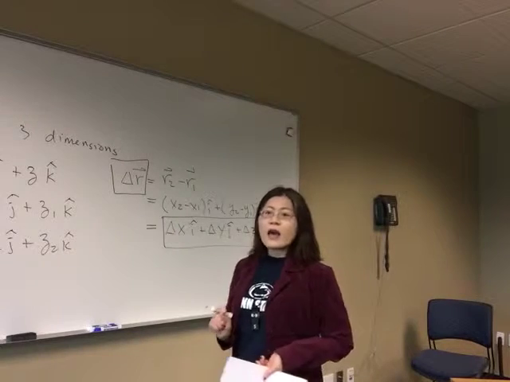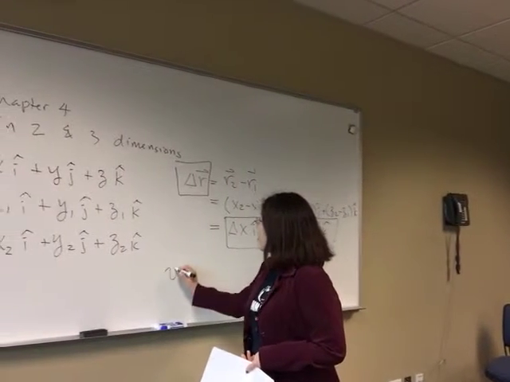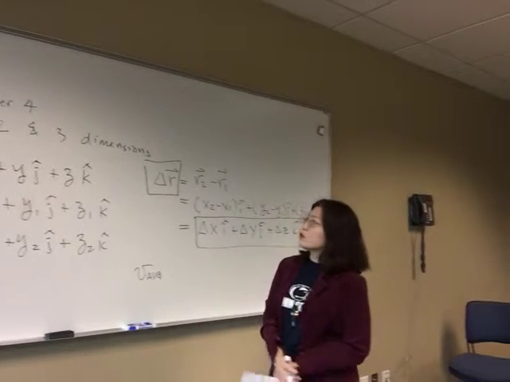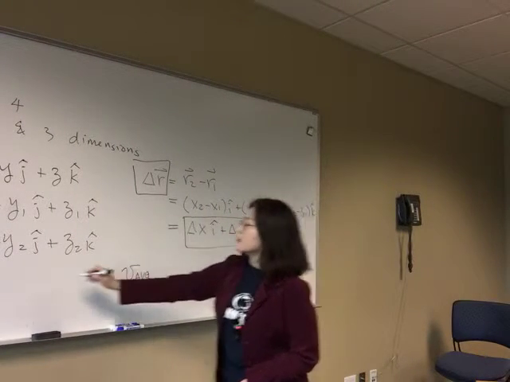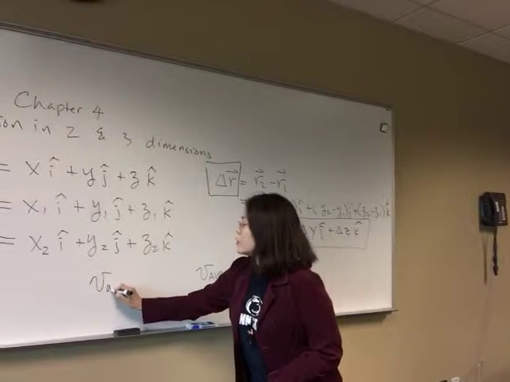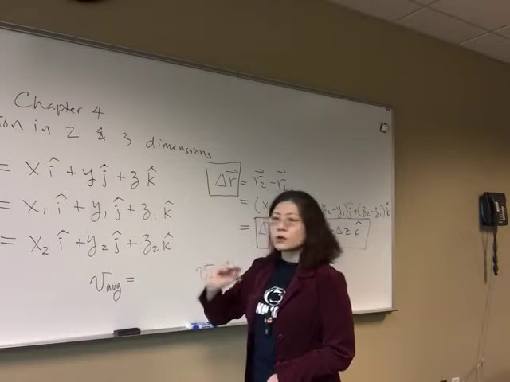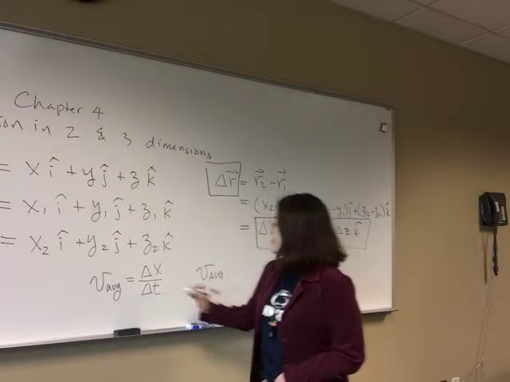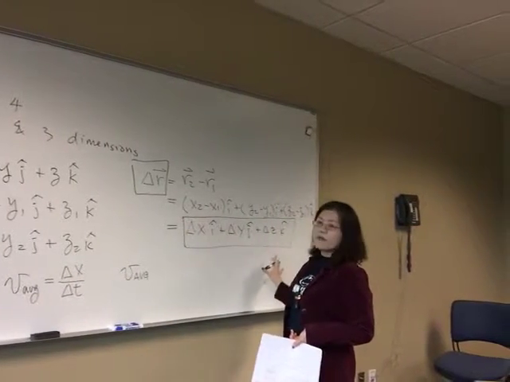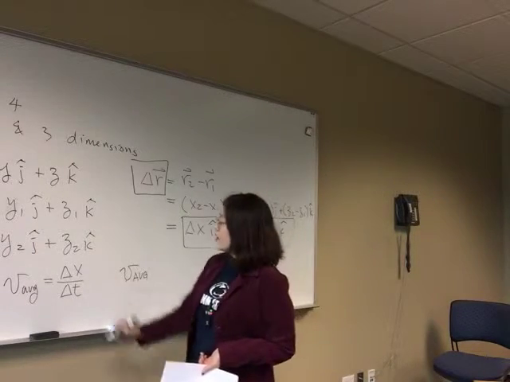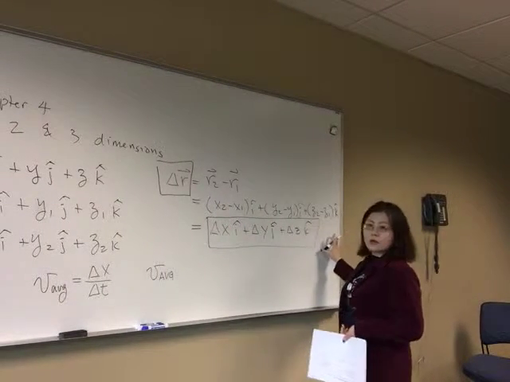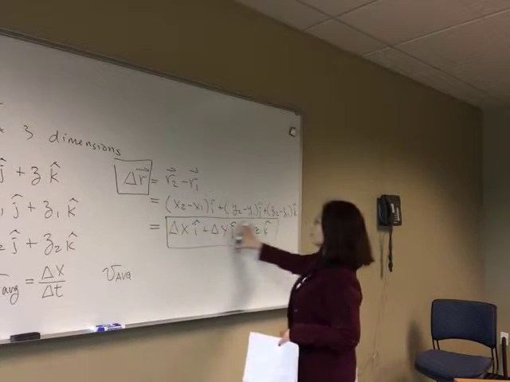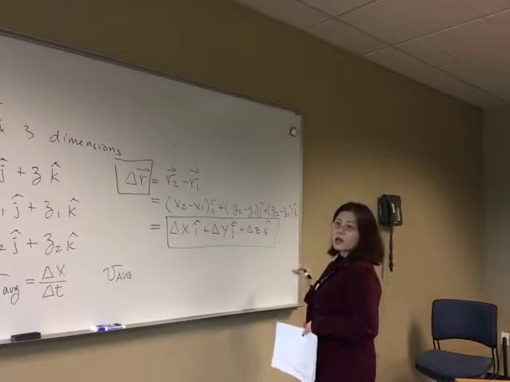So how do we find average velocity? If you recall, when you are dealing with 1 dimension, the average velocity is just delta x over delta t, right? In this case, we're just going to extend this. Instead of just 1 dimension, in the 3 dimensional case you just have delta r over delta t, so every term here is going to be divided by delta t.